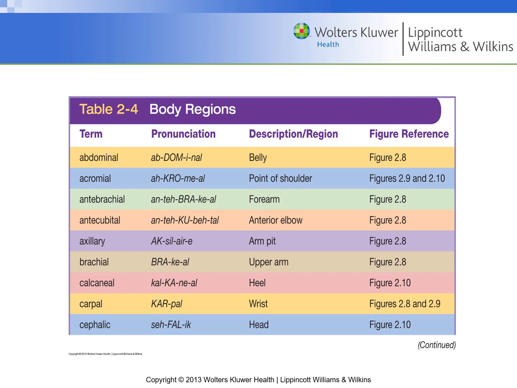Antebrachial is referring to the forearm. Antecubital, and that is referring to the anterior elbow. Axillary is referred to as the armpit. Brachial is referring to the upper arm. Calcaneal is referring to the heel. Carpal is referring to the wrist. And cephalic is referring to the head.